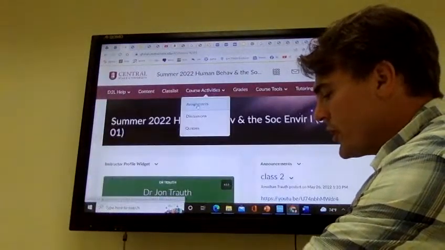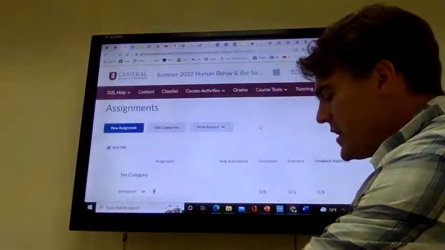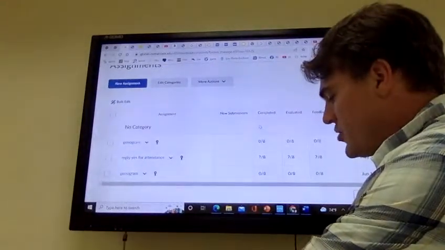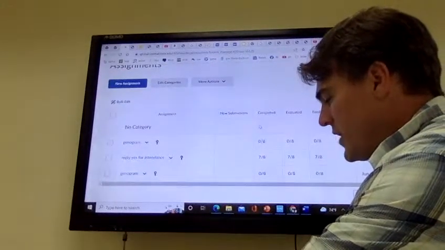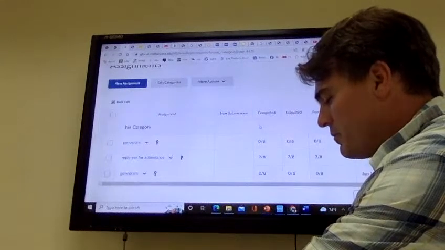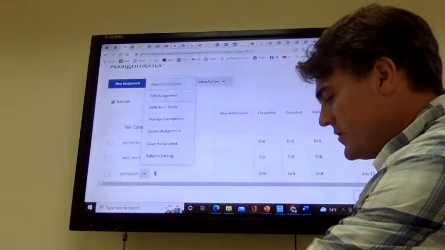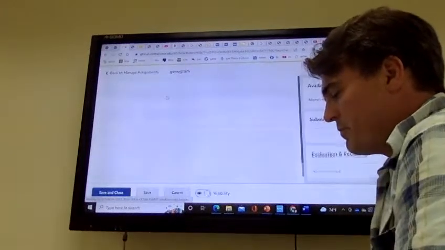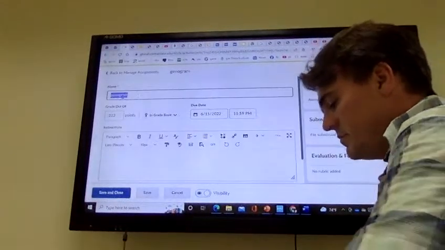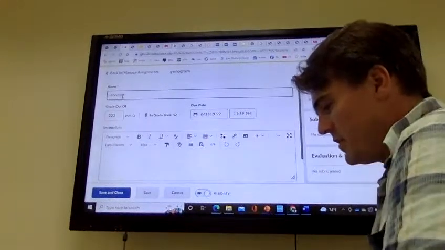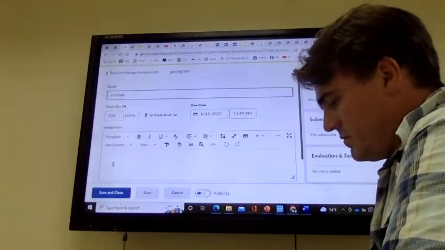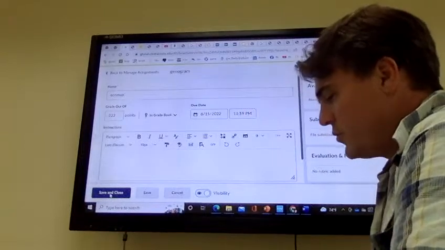So here's your places to turn it in, and the genogram won't be until 7 days from now. Ecomap, that's what I meant to call it. Edit to Ecomap. And then it's visible to you guys.